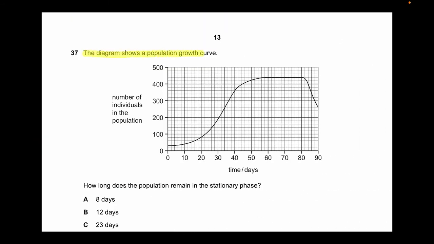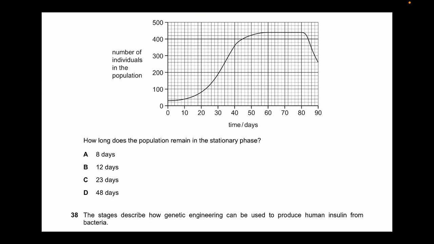The diagram shows a population growth curve. Number of individuals in the population against time in days. Okay, so initially we have a lag phase. And after day 20, we see a log phase. And after day 40, we see a stationary phase.